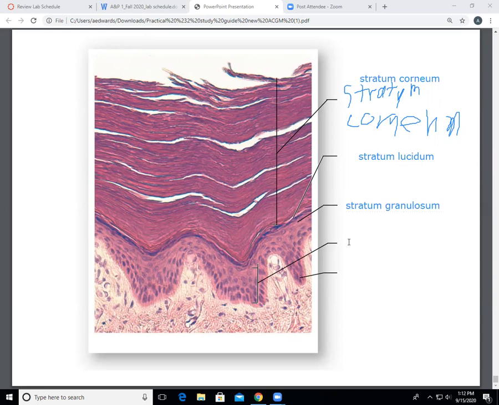All right, what about this one? Stratum spinosum. And what about this one? Stratum basale or stratum germinativum.